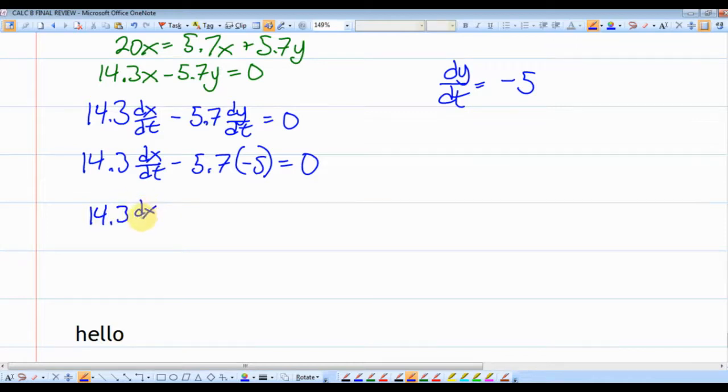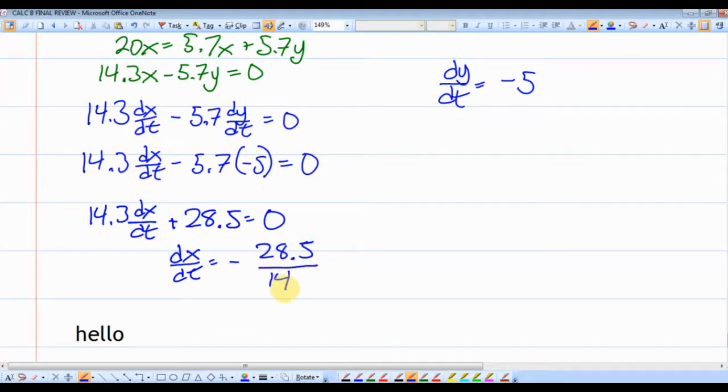14.3 dx/dt minus, let's see, 28.5 plus 28.5 equals 0. Okay, good. dx/dt then should be negative 28.5 over 14.3, which is negative 1.993. And we're supposed to go to the nearest 0.5 feet per second, so negative 2.